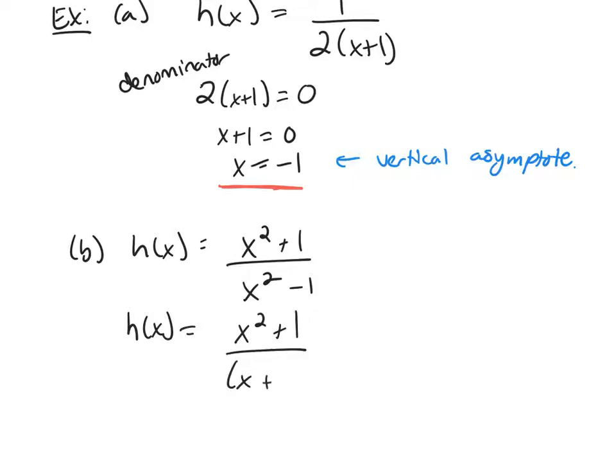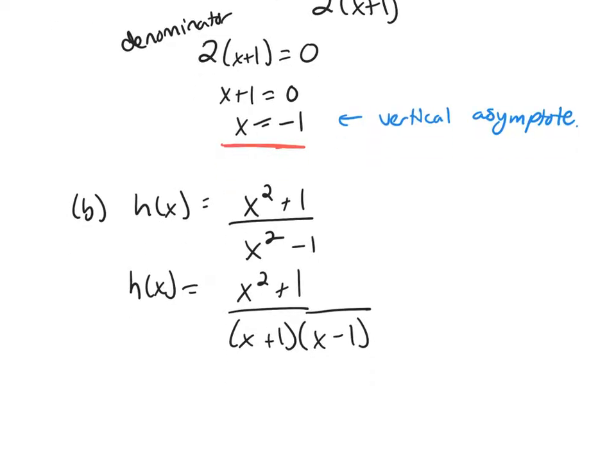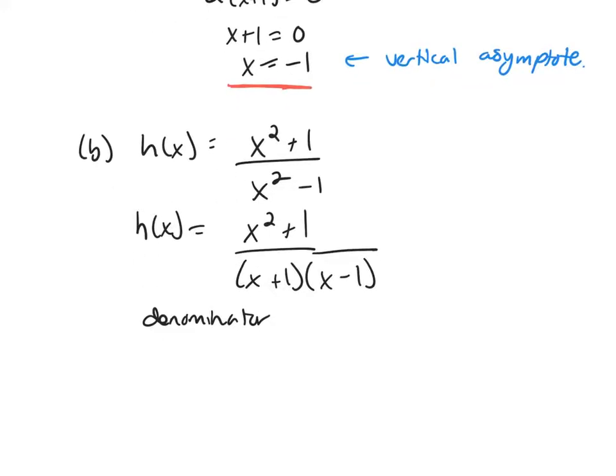It's a difference of squares, so I can factor it as x plus 1 and x minus 1. So I'm going to look at what makes the denominator 0. There are two values that make the denominator 0. X equals 1 or x equals negative 1.